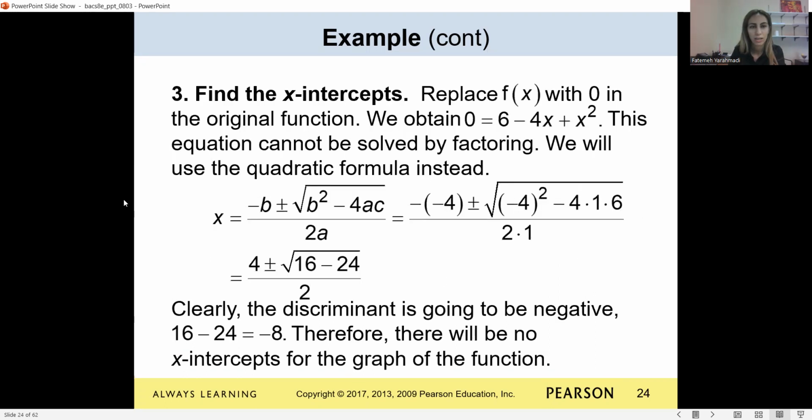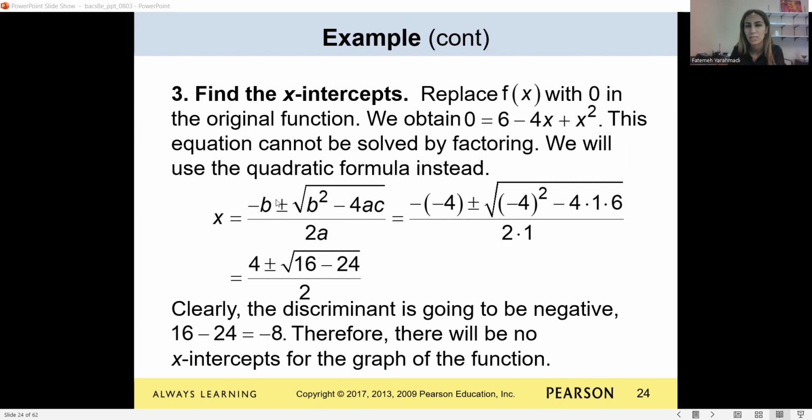Very good. Let's find the x-intercepts. To find x-intercepts, we set 6 minus 4x plus x squared equal to 0. This equation cannot be solved by factoring. So we prefer to use the quadratic formula, which says that the x-intercepts, or the zeros of a quadratic equation, can be found by negative b plus or minus the square root of b squared minus 4ac, divided by 2a.